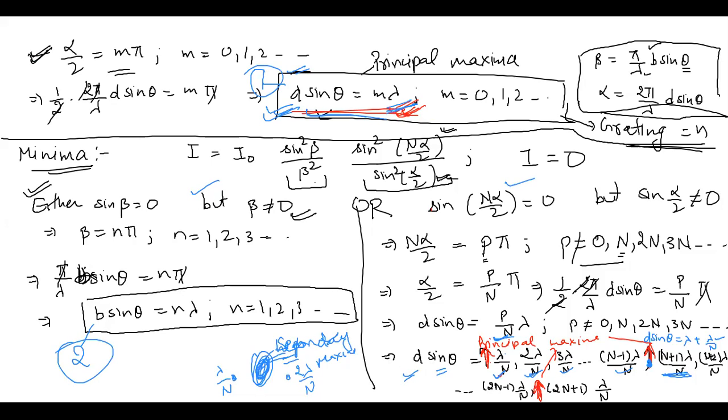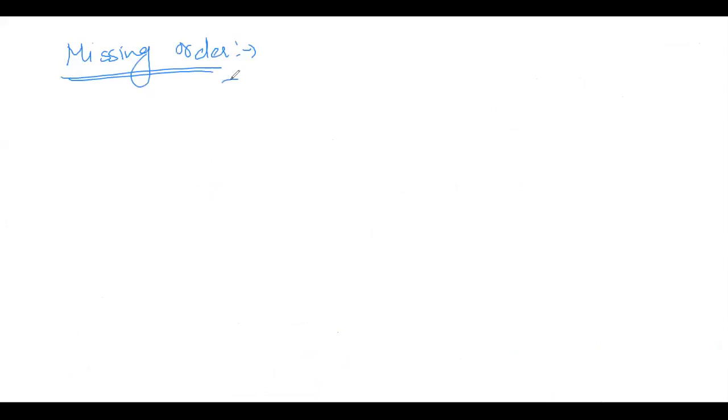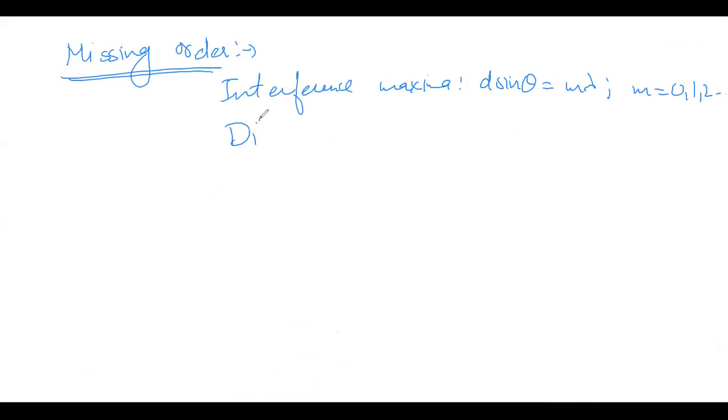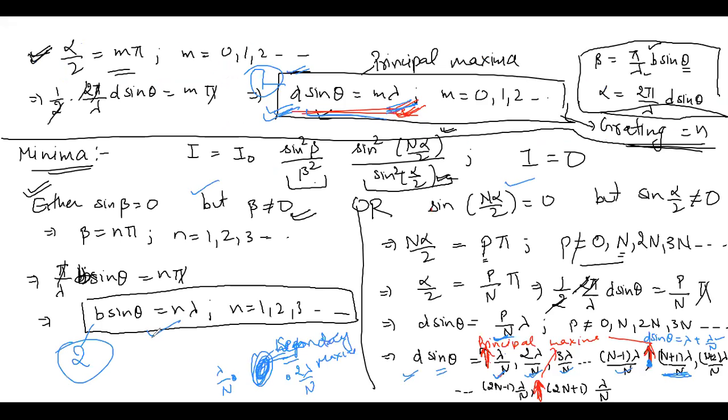This basically means that you have the interference maxima, which basically says that d sin theta is equal to m lambda, where m can be 0, 1, 2 and so on, but you have the diffraction minima also at the similar value of theta. b sin theta is equal to n lambda, where n can take 1, 2, 3 and so on, which is this condition here.